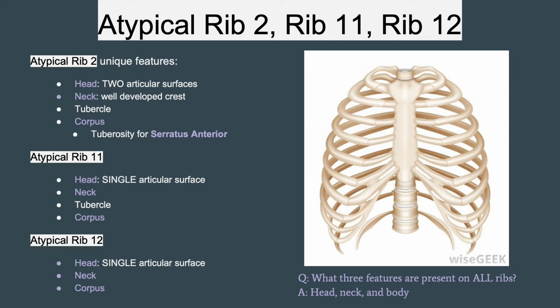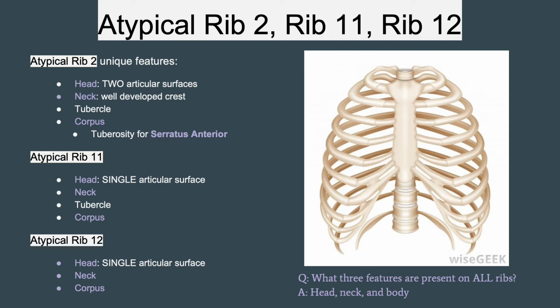Ribs 11 and 12, however, are smaller floating ribs down at the bottom of the rib cage. They do have some features that we'll talk about. So again, they have the same head, neck, and body. Rib 12 and rib 11 are kind of distinguished by the ends.